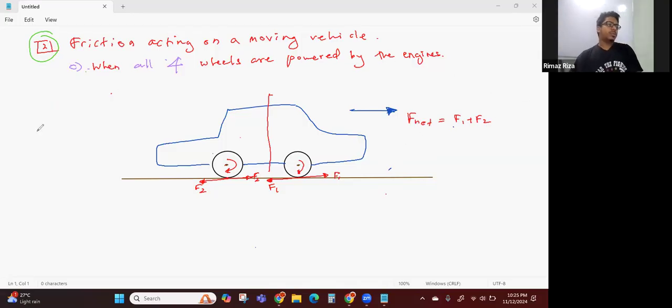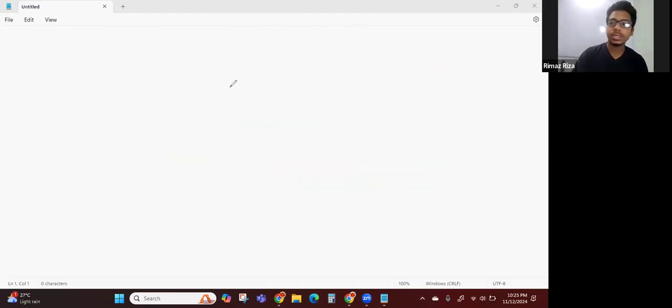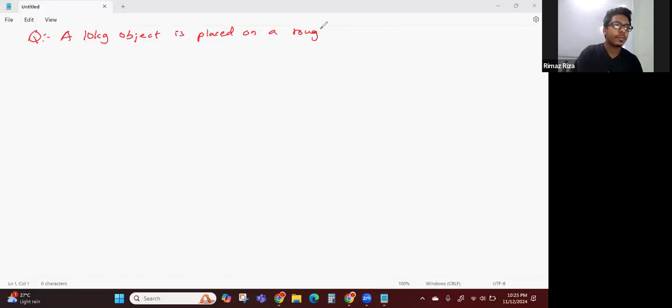Okay, so let's do some questions based on friction. I'll give you some questions. A 10 kilogram object is placed on a rough horizontal surface.